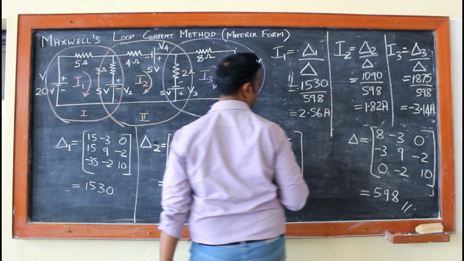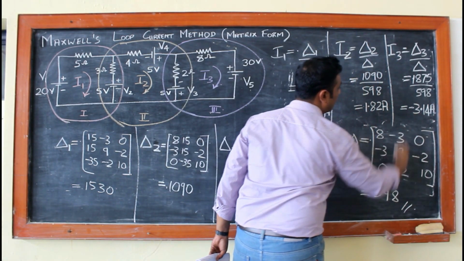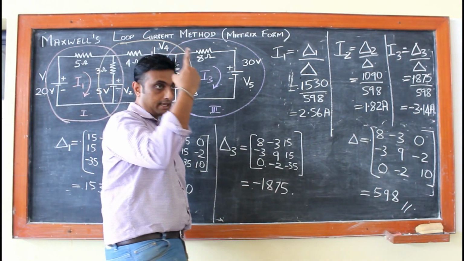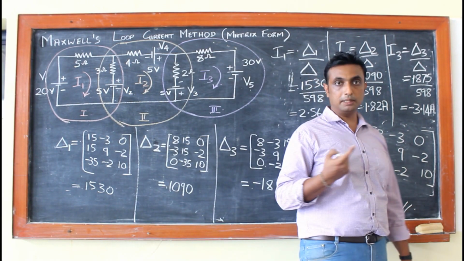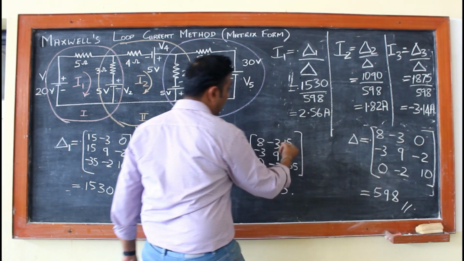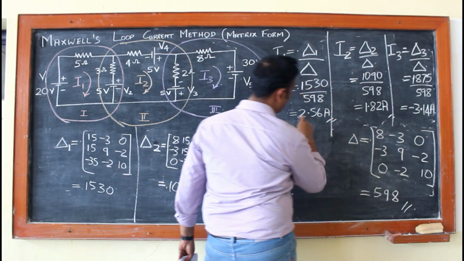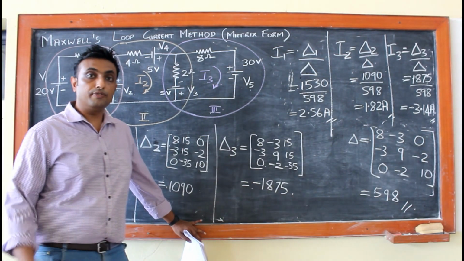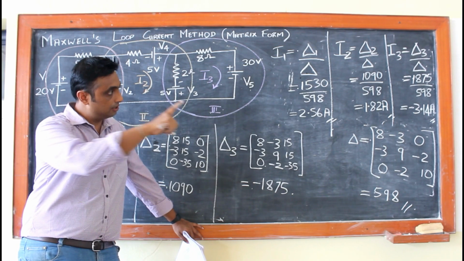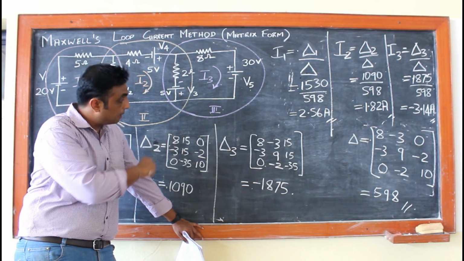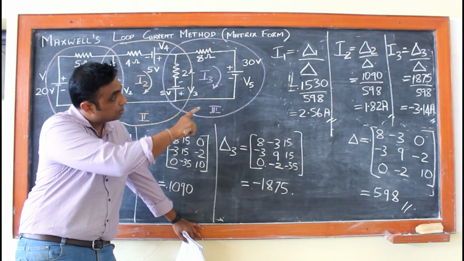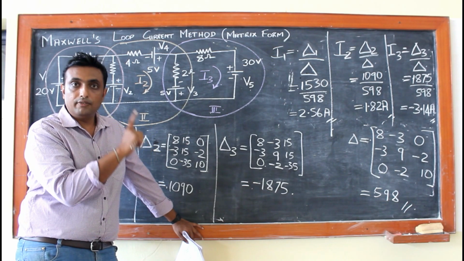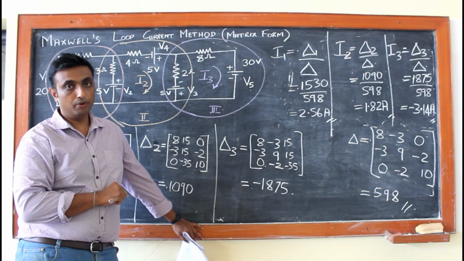So I got 2.56, 1.82 and minus 3.14 amps, which you might notice in my episode 1, which I have already published, are the same values. So when we solved it using simultaneous equations, we got the same values. Even by solving it using the matrix method, we also got the same values. So your answers will never differ no matter which method you use.